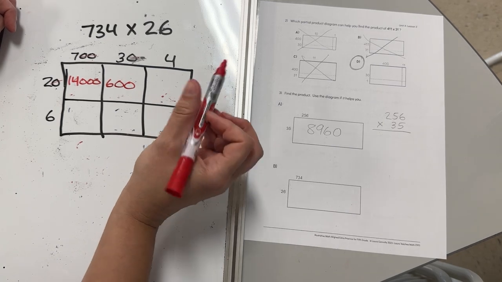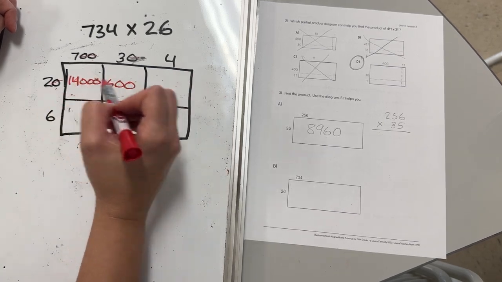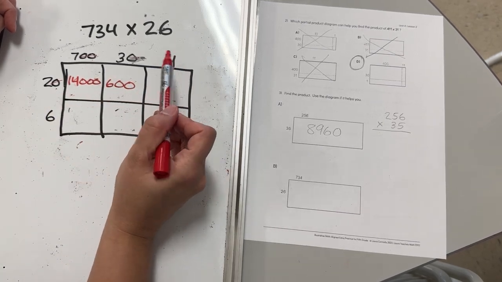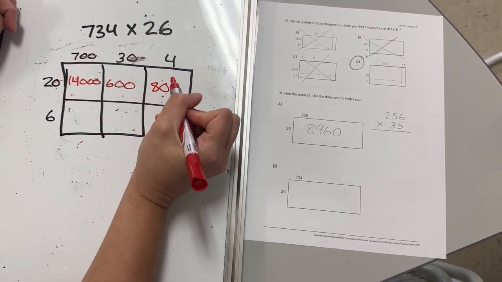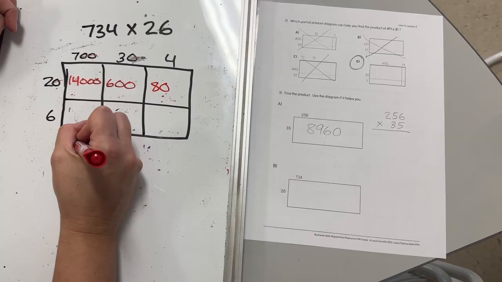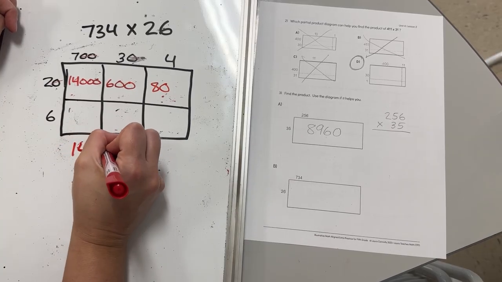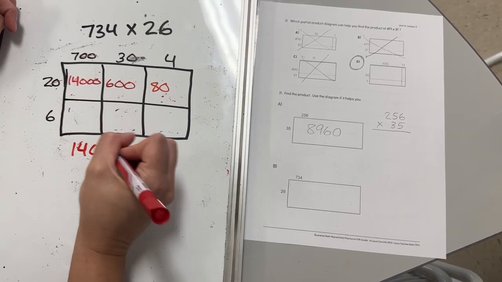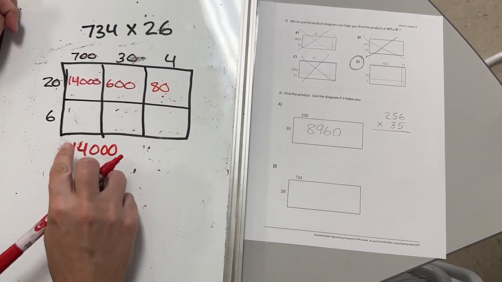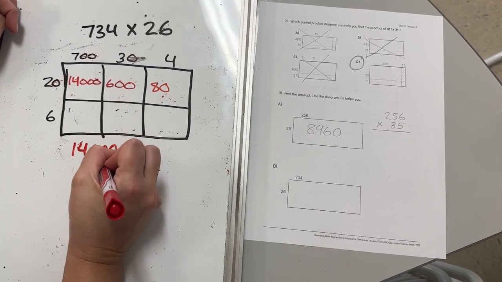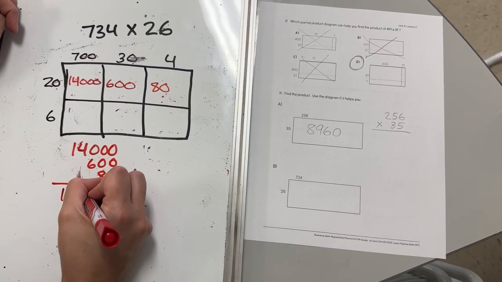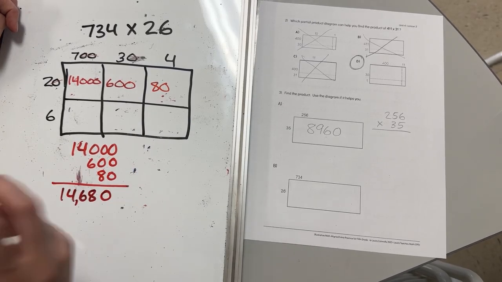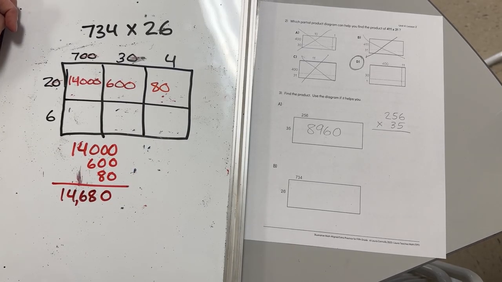In my last box, I have 4 times 20, which I can do 4 times 2 to get 8, and then add that 0 back on to get 80. I'll add these partial products down here at the bottom. And I end up with 14,680.